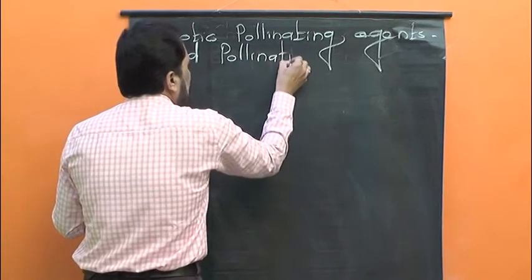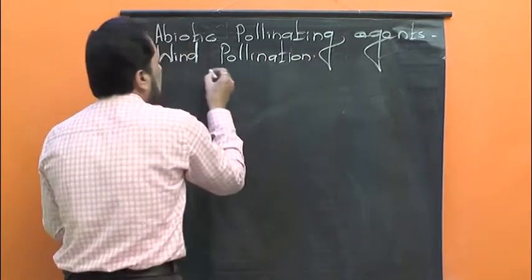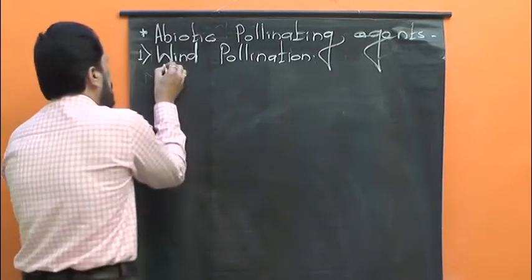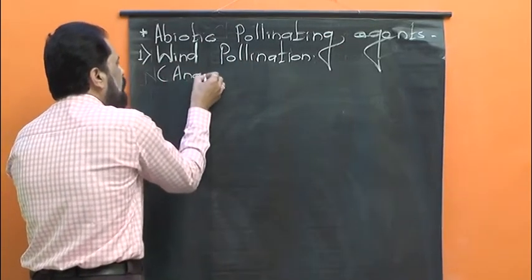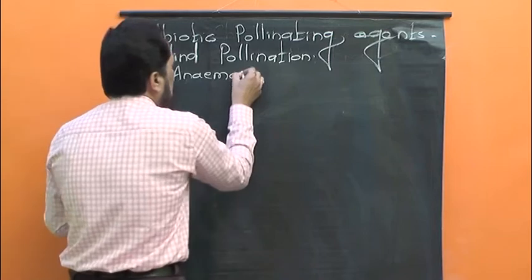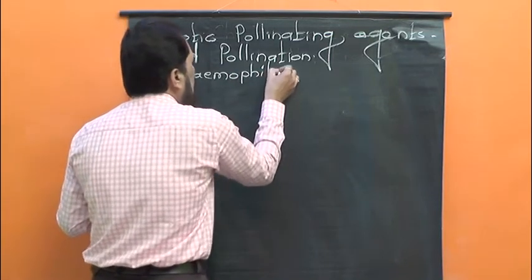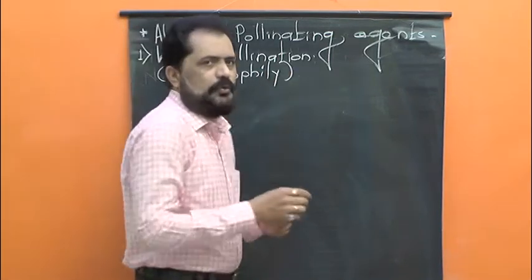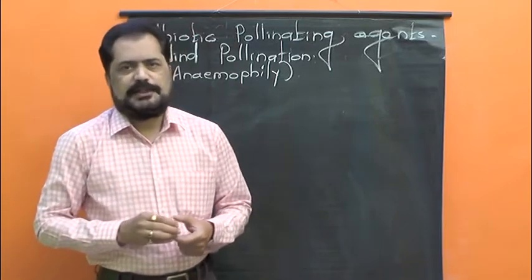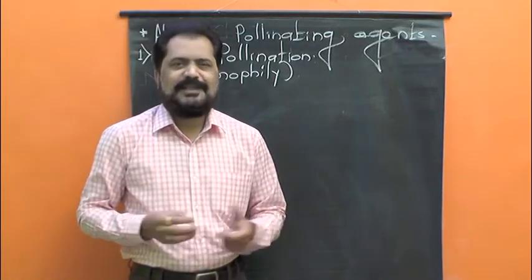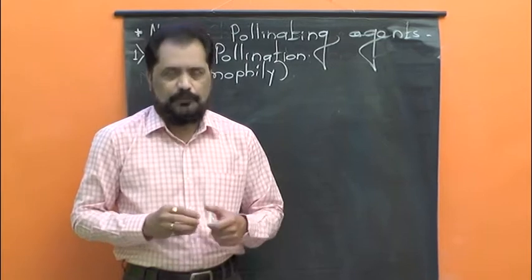Wind pollination is also known as anemophily. Here anemos stands for the wind and philein stands for love.